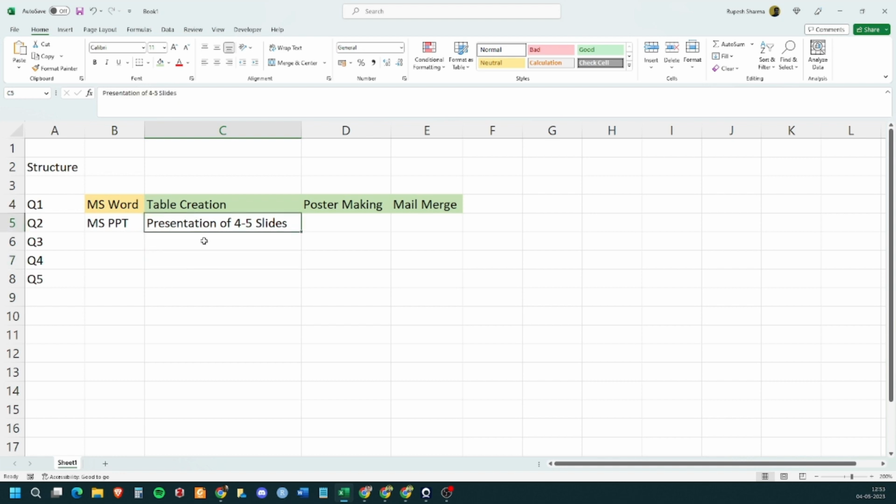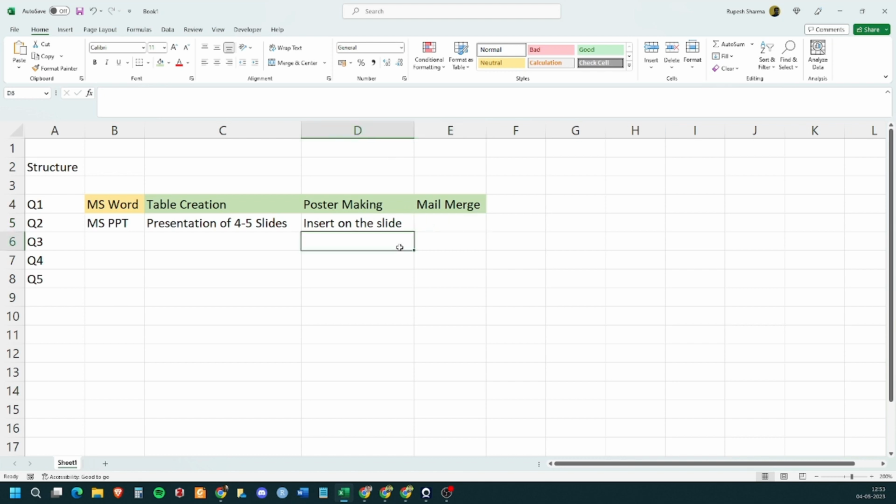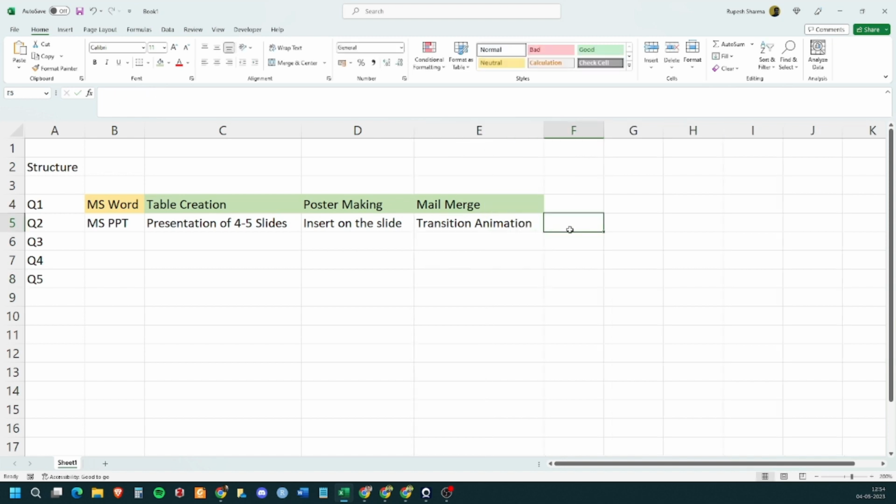अब उस प्रेजेंटेशन में I have discussed 2 kinds of things which are critical. So we have things which we insert on the slide, like images, page number. So all those sort of things are called insertions on the slide. तो insertion कैसे करना है वो पता होना चाहिए. दूसरी बात, आपको ट्रांजिशन एनिमेशन पता होना चाहिए कि हम ट्रांजिशन एनिमेशन किस पे लगाते हैं और कैसे लगाते हैं. फिर कस्टम एनिमेशन होना चाहिए, इसको ऑब्जेक्ट एनिमेशन भी बोलते हैं.